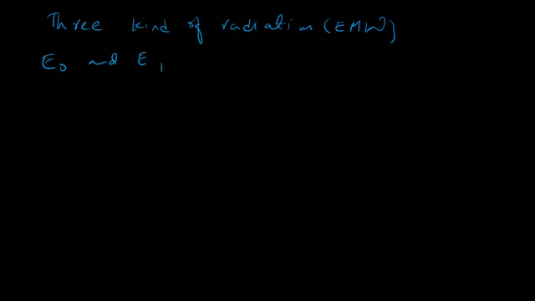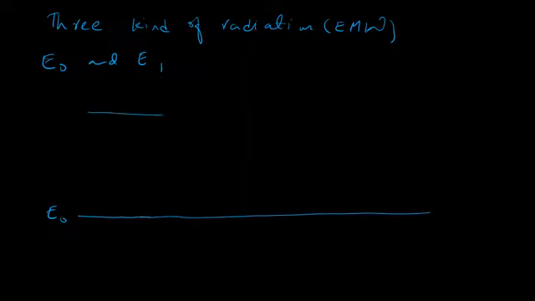Suppose this one is our ground state energy level E0, and this one is the excited state E1. So there are three kinds of radiation possible.